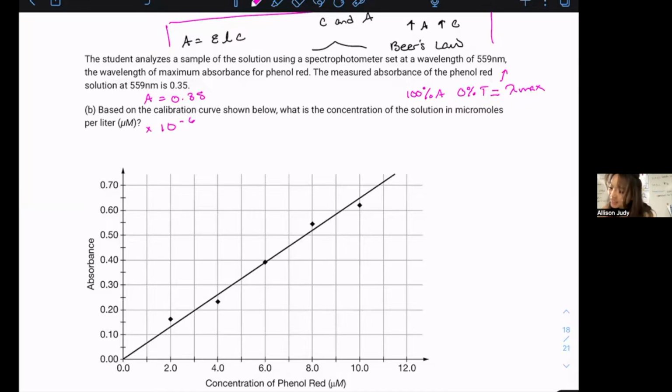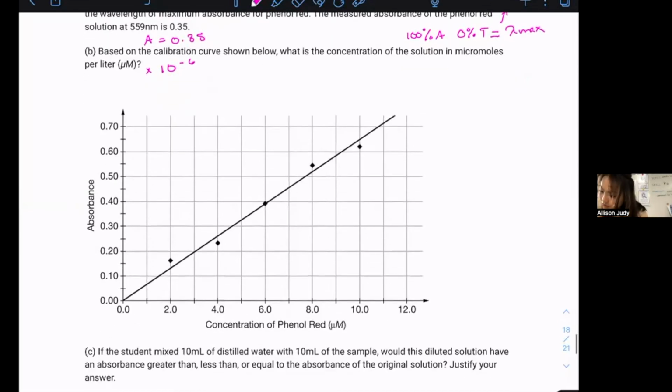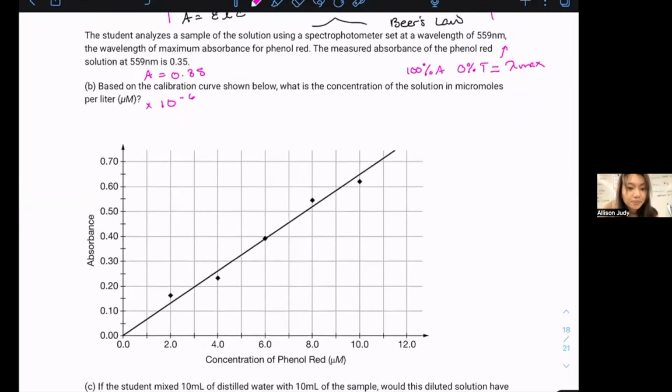So then we're looking at this. What we notice immediately is, if I have an absorbance of 0.35, the AP gives you data because it wants you to use the data. So I know at 559 maximum absorbance wavelength, which by the way really doesn't matter at this point when you look at the diagram, because you're assuming that the maximum wavelength is set for the entirety of your spectrophotometry experiment. Okay, and then you're told you get an absorbance of 0.35. The question is, what was the concentration there?